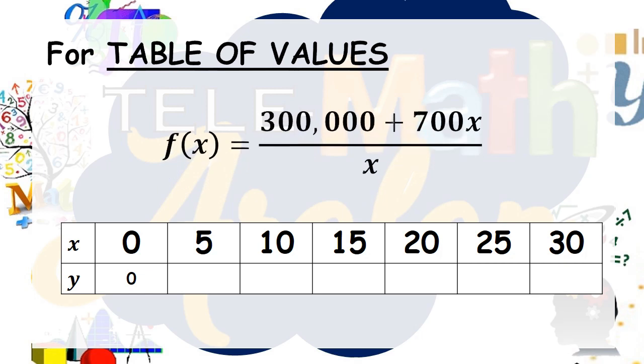Using our derived equation, f of x is equal to 300,000 plus 700x all over x, let's try to substitute 5 to that equation. So we will get 60,700.